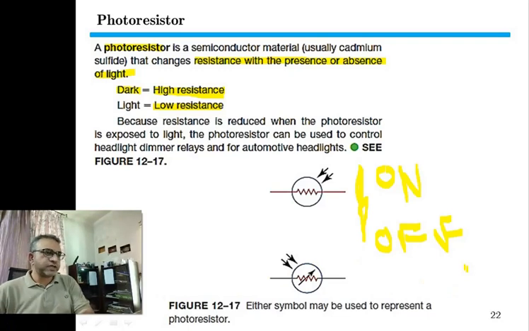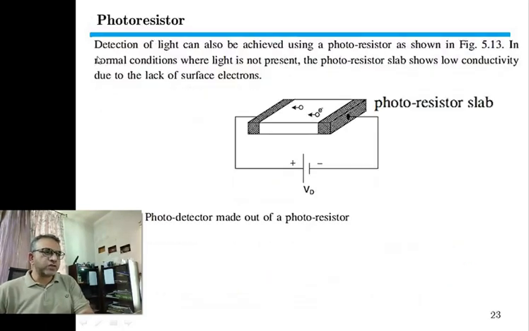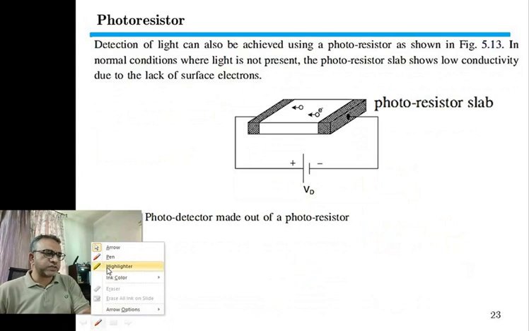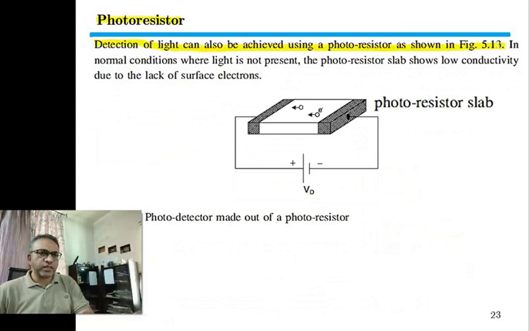Now we come to the second slide, which is also a continuation of the photoresistor. The presence or absence of light can be detected using a photoresistor. That is very true. This is what we have learned in the previous slide.